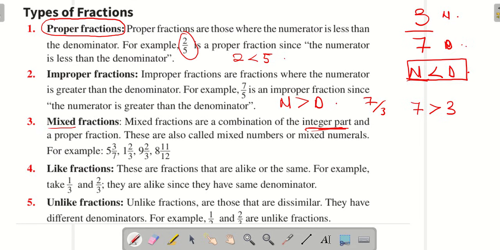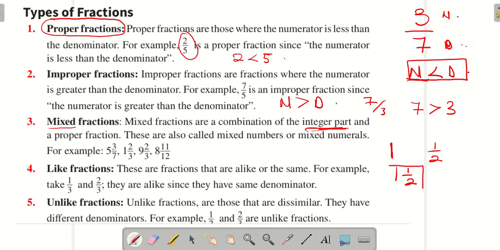So an example is to pick a whole number 1, or an integer 1. Then I add a proper fraction, which is, let's say, 1 over 2. Then I'm going to have one whole number, 1 over 2.